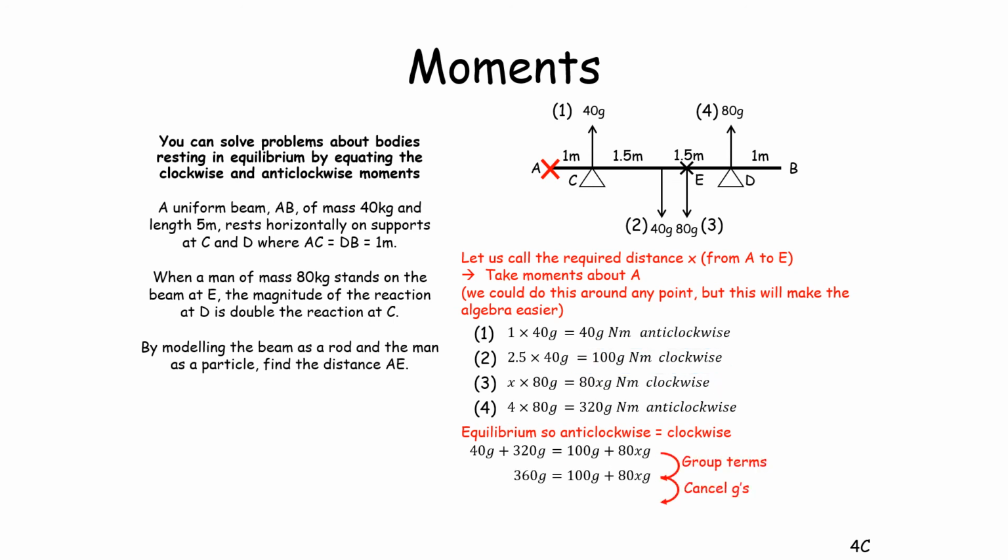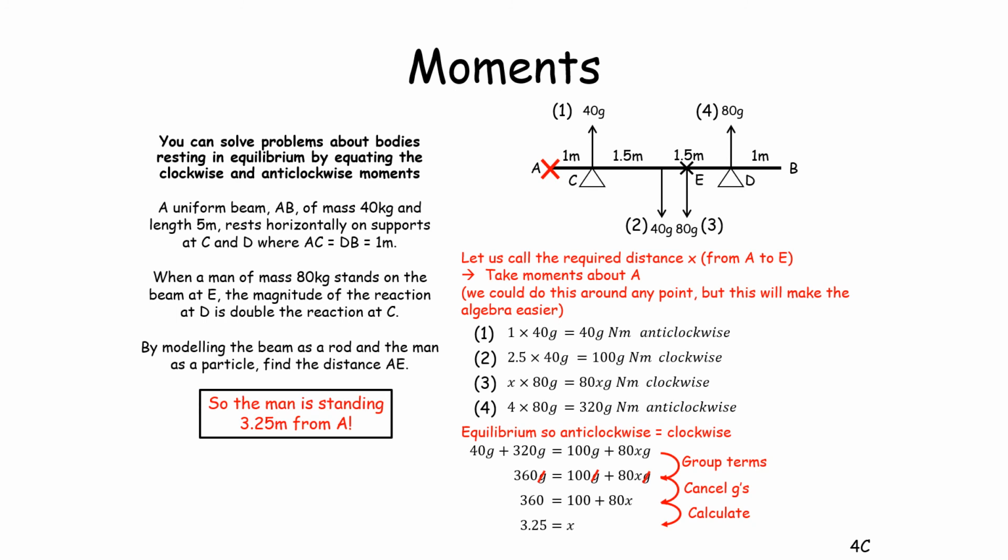We could group them together and then cancel out the G's, and then that will give us 360 equal to 100 plus 80x. And if we simply calculate this, the distance or the x value will be 3.25. So the man is standing 3.25 meters from A.